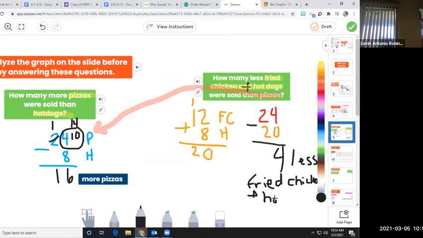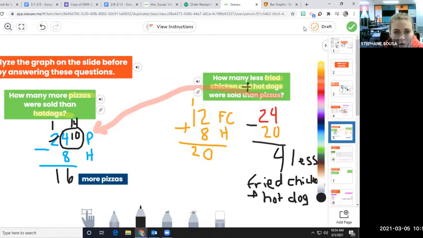So that is going to be 4 less fried chicken and hot dogs.